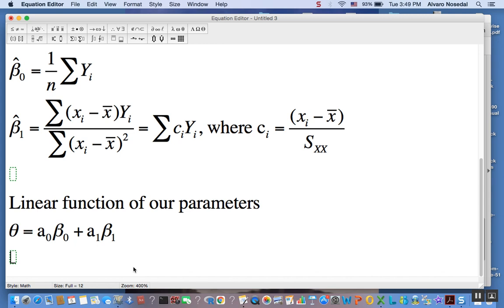So, an example of a linear function of our parameters that could be something we might be interested in.